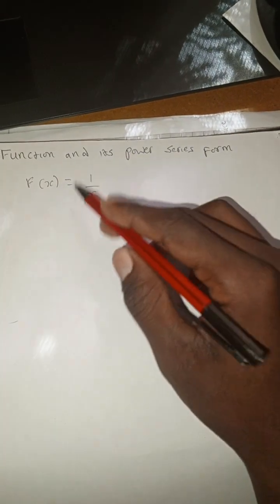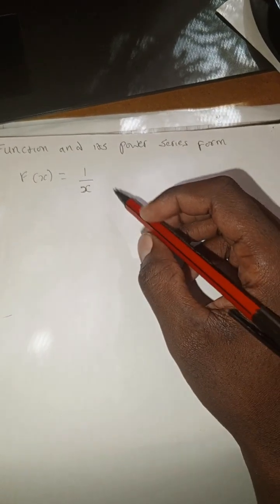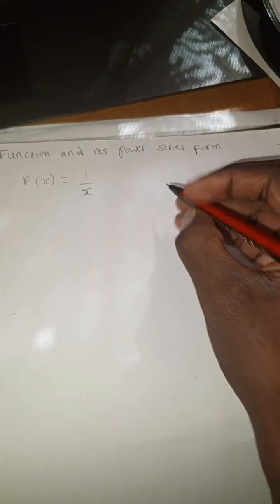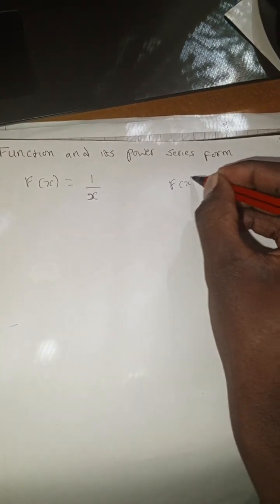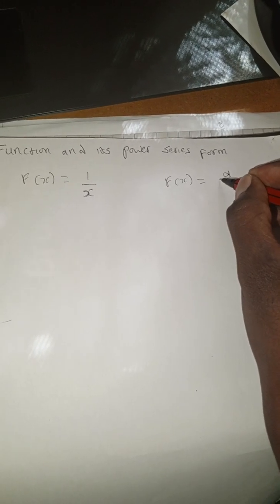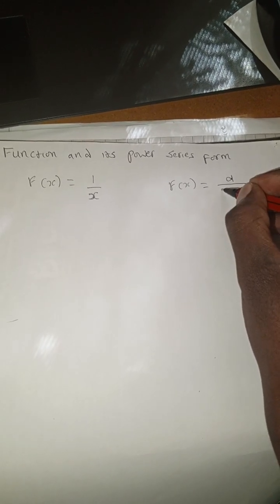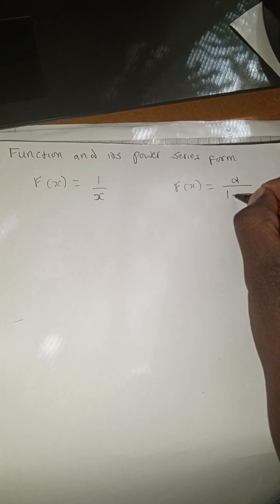For us to write this function in power series form, we need to put it in the form a over 1 minus x.